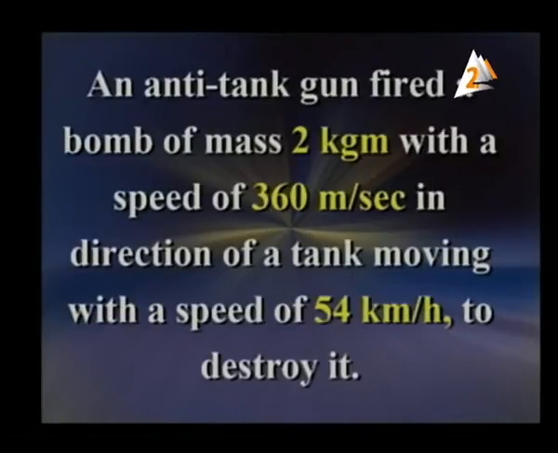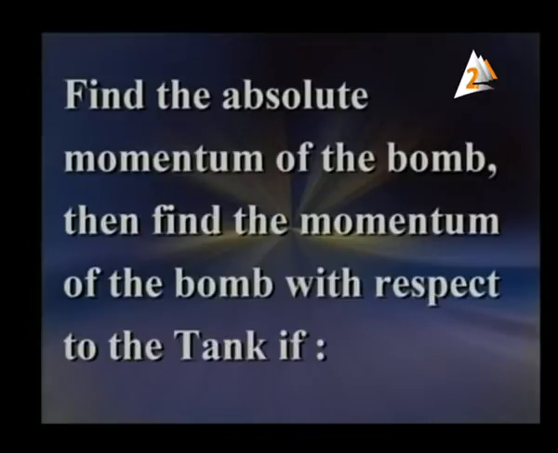An anti-tank gun fired a bomb of mass 2 kg with a speed of 360 meters per second in direction of a tank moving with a speed of 54 km per hour to destroy it.